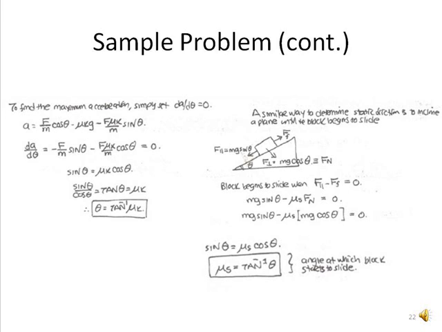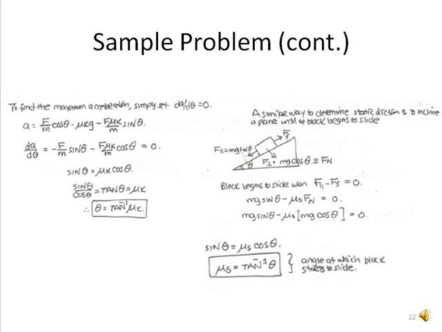Again, the normal force is exactly counterbalanced by the reaction force of the ramp on the block, so those components add to 0. The tangential force, mg sine theta, is opposed by a frictional force which is proportional to mg cosine theta.